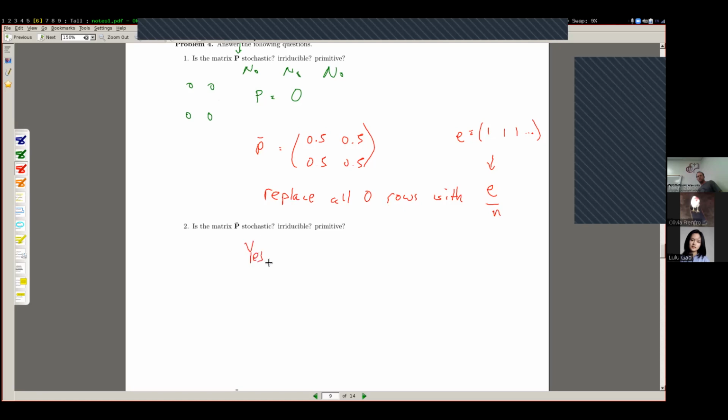Question? Yeah, when you're saying replace all 0 rows, is it just rows that are all zeros? Yeah, the question is, when I say replace all 0 rows, that means specifically that the entire row must be 0. So if P was equal to, say, 0, 0, 0, 1, that's a valid P matrix.